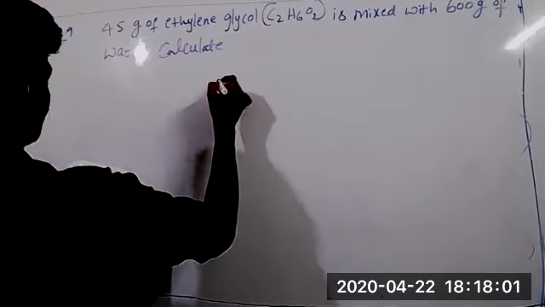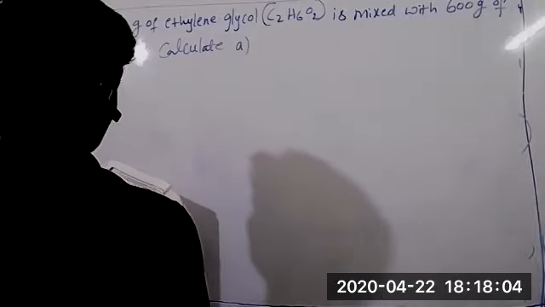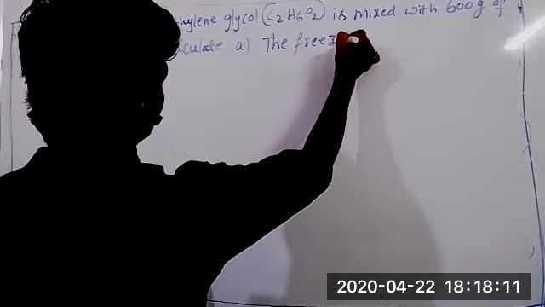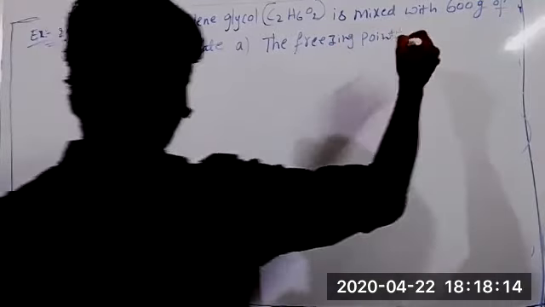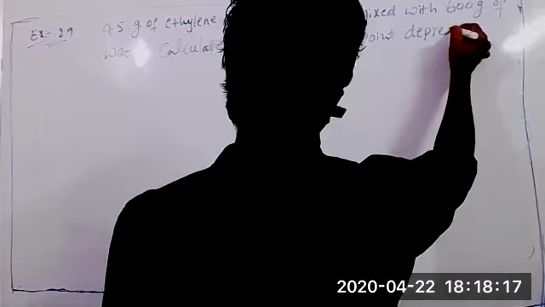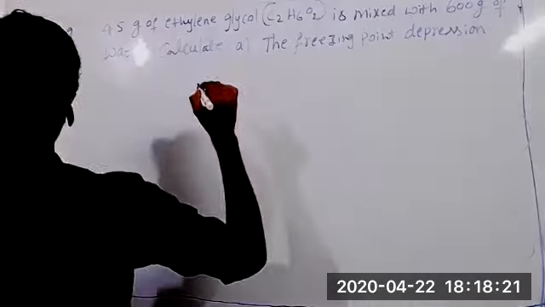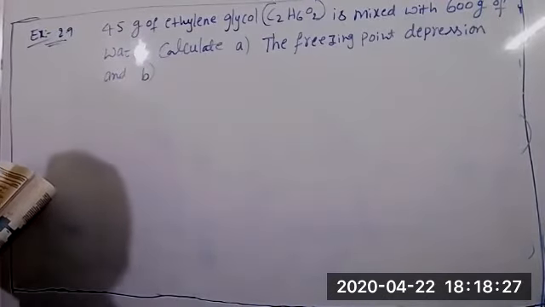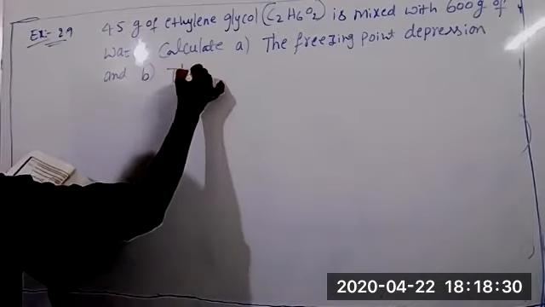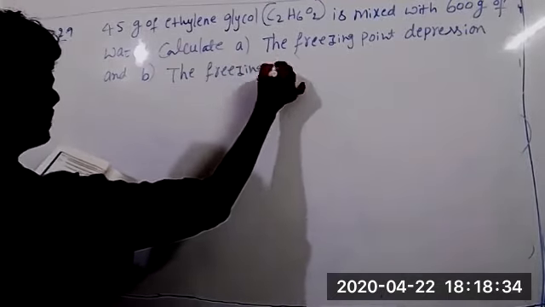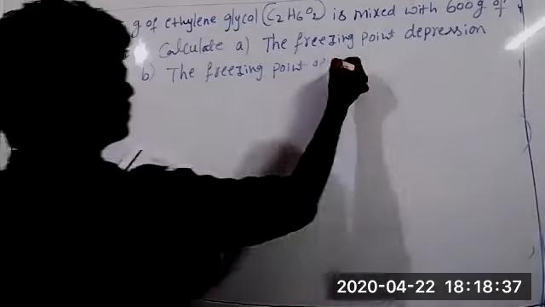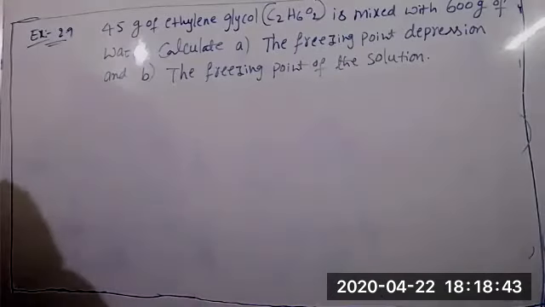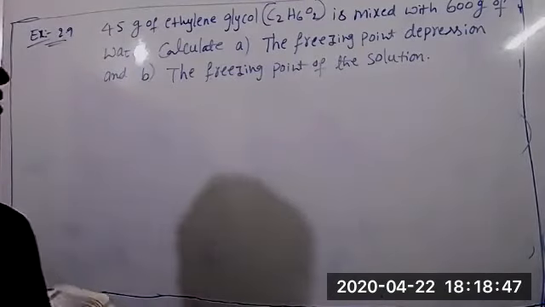Calculate A, the freezing point depression, and B, the freezing point of the solution. 600 grams of what, sir? 600 grams of water.